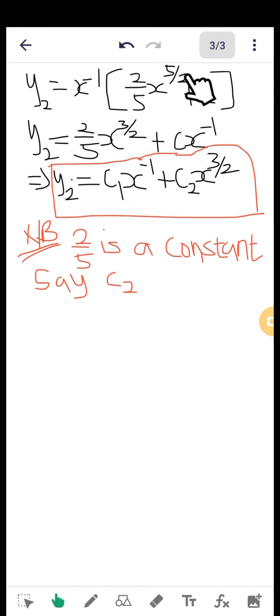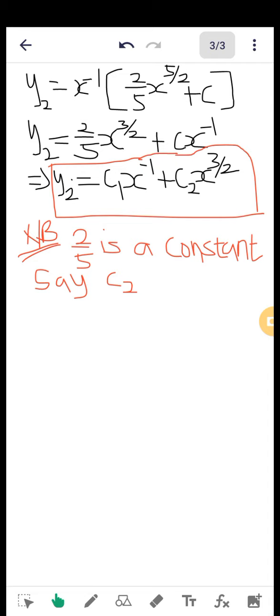So 5 over 2 plus minus 1, we are getting 3 over 2. Plus, then we multiply x exponent minus 1 by c. Then you are getting c x exponent minus 1. So we know that this 2 over 5 is a constant, and also we have another constant c.